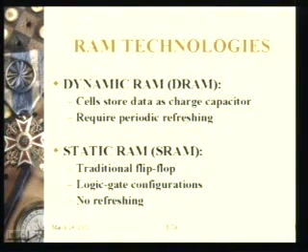Static RAM or SRAM is the traditional flip-flop type, logic gate configuration; no refreshing is required. These are as good as the speed of your CPU. There is a gap of around a factor of 5 to 10 times slower in dynamic RAMs. Static RAMs are as fast as your processors, and that's why cache is made of static RAM, whereas main memory is made of dynamic RAM.